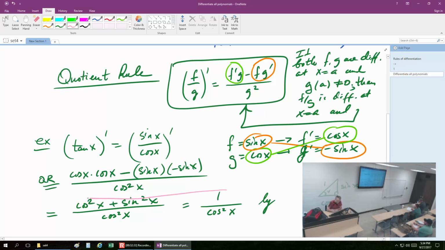It's the Pythagorean theorem, yes. By the Pythagorean theorem, that's the number one out of 100, seemingly, formulas of trigonometry. The rest you might forget. This one you definitely should remember. Well, maybe a couple more, but that's the main one.